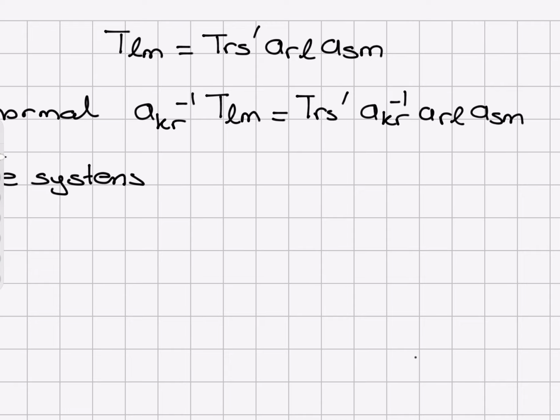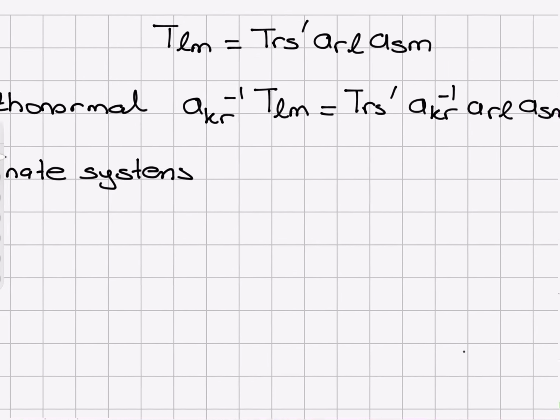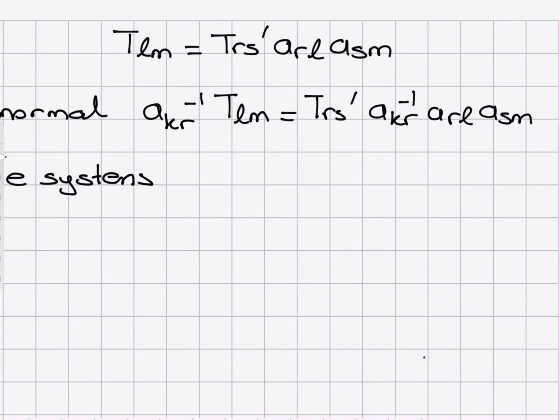Now these are orthonormal coordinate systems, and we have shown that a_kr inverse is simply equal to a_rk. The inverse of the matrix is equal to its transpose. Multiplied with T_lm, this is going to give me T_rs prime.